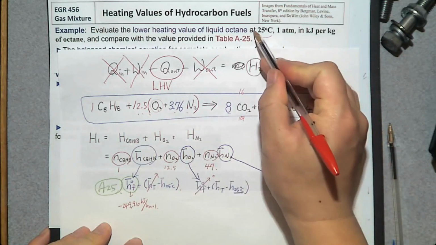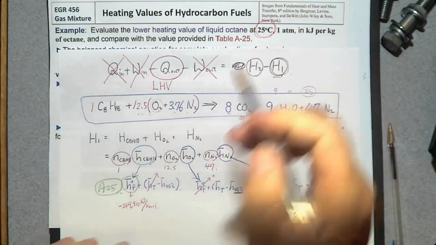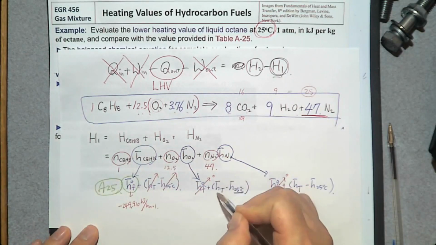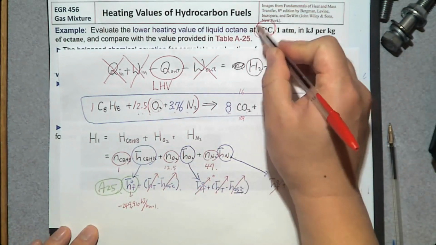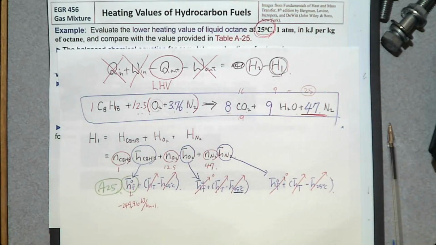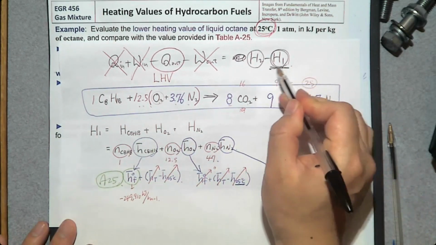If the temperature is different from the standard temperature, you need to determine this H bar at the given temperature from another table, usually table A23. But this time, the temperature is 25 degrees Celsius, so you can neglect them. Now, that's how you determine H1.